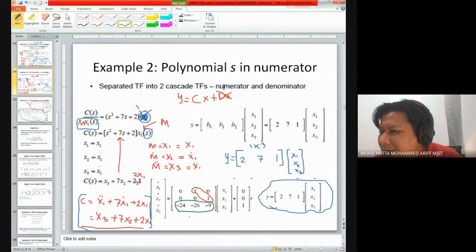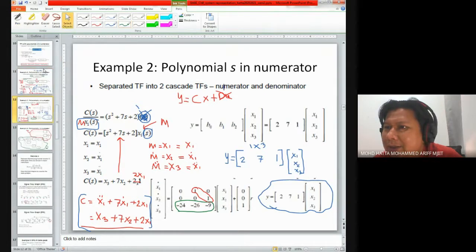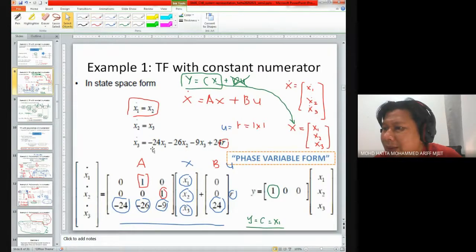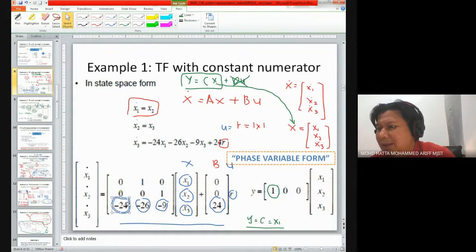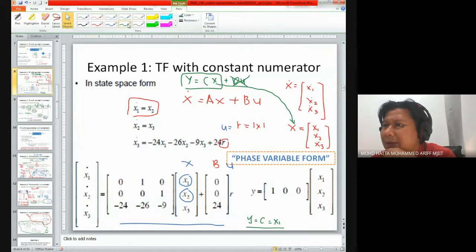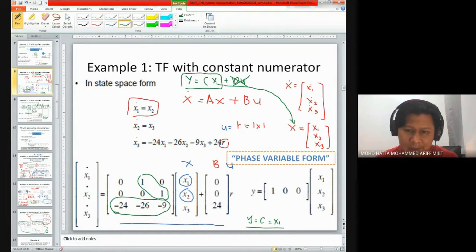All the information is stuffed at the last row, or the third row, of the state space model. If you look at example 1, it is the same. There is a diagonal matrix, and all the information from the transfer function differential equation is located at the last row. This kind of matrix setup, or state space model, is known as a phase variable form.